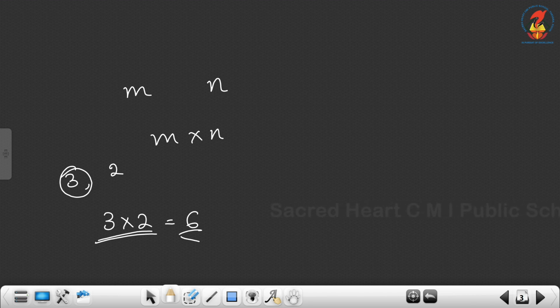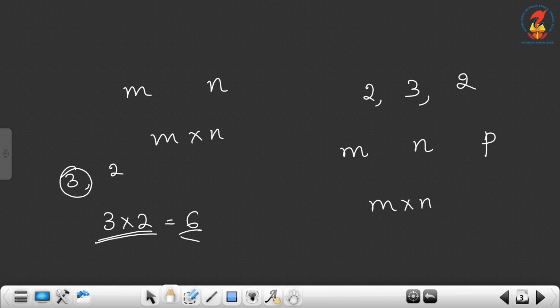In the second one we have 2 bags, 3 water bottles and 2 umbrellas. If the next event occurs in p different ways, then the total is m into n into p. So in the second example it is 2 into 3 into 2. 2 3s are 6, 6 into 2, 12.